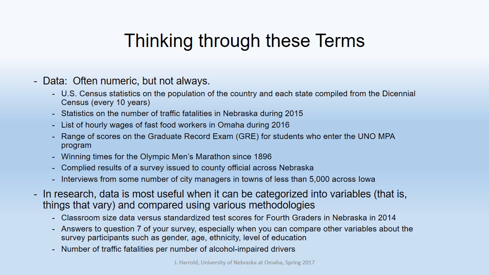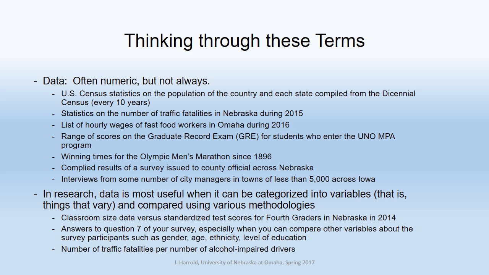So data, it's often numeric, but it doesn't have to be numeric. What are some examples of data? Well, next week we're going to talk about the U.S. Census among other government websites. But if you go to the U.S. Census, you can see a lot of different data.